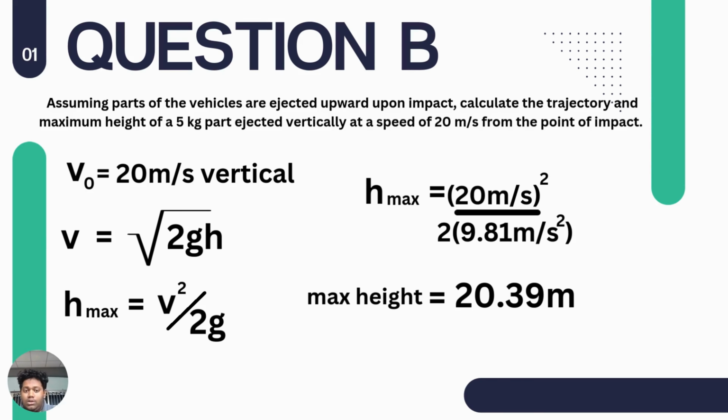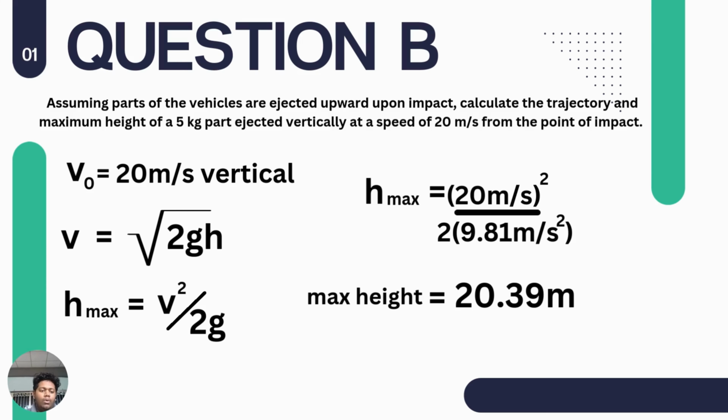Assuming parts of the vehicle are ejected upwards upon impact, calculate the trajectory and the maximum height of a 5 kg part ejected vertically at a speed of 20 meters per second from the point of impact. We can list the initial speed, which is 20 meters per second, going upwards.